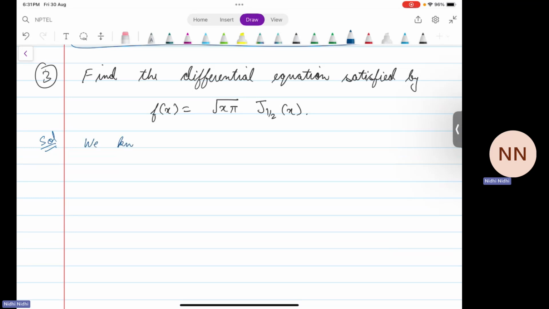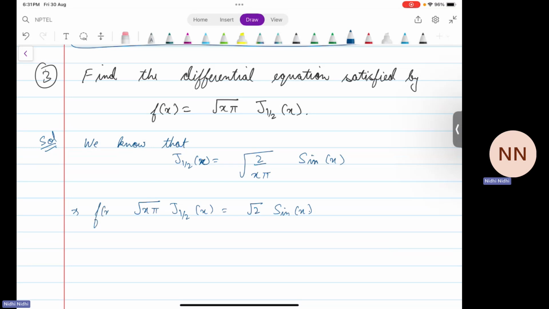We know that J_(1/2)(x) is equal to under root 2 by x pi sine x. So this gives us under root x pi J_(1/2)(x) is equal to root 2 sine x. So this was our f(x).